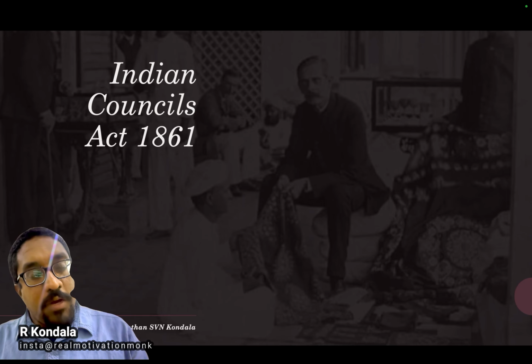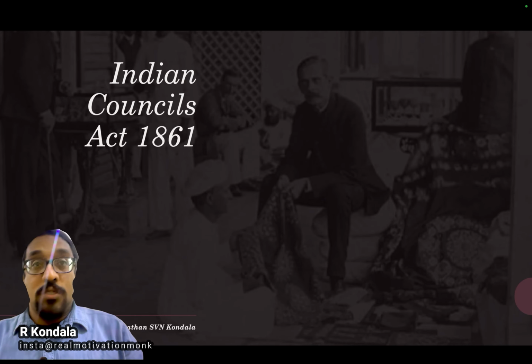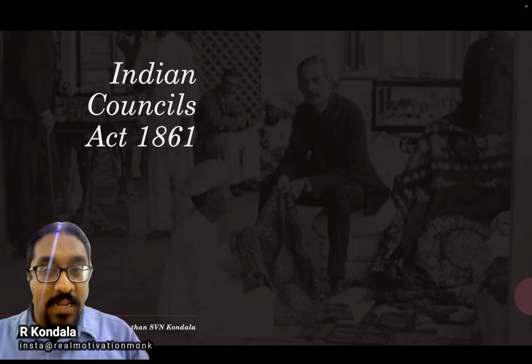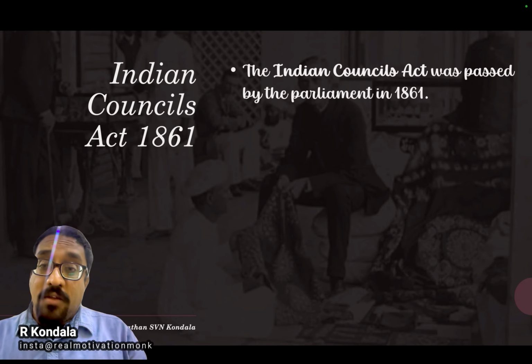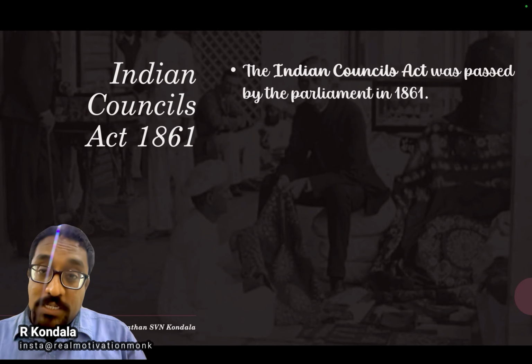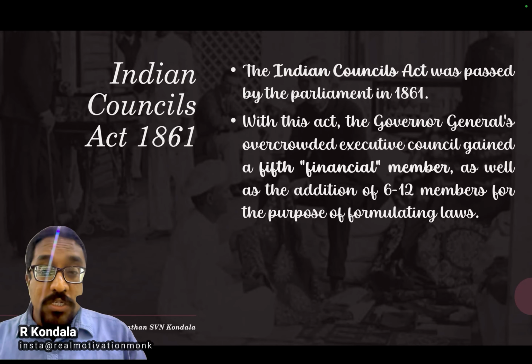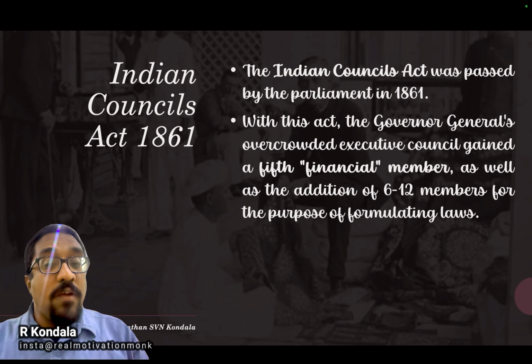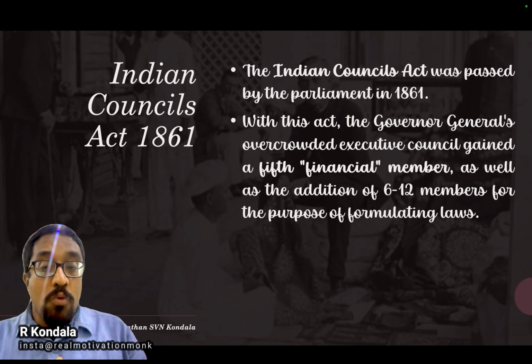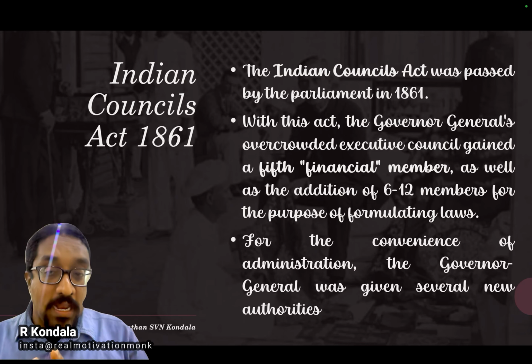Apart from the administrative structure, a new act was passed, the Indian Councils Act 1861. It created a council to assist the Viceroy, very similar to the parliamentary system. The Governor General's executive gained a fifth financial member as well as 6 to 12 members who would help the Governor General in formulating laws and legal mechanisms.